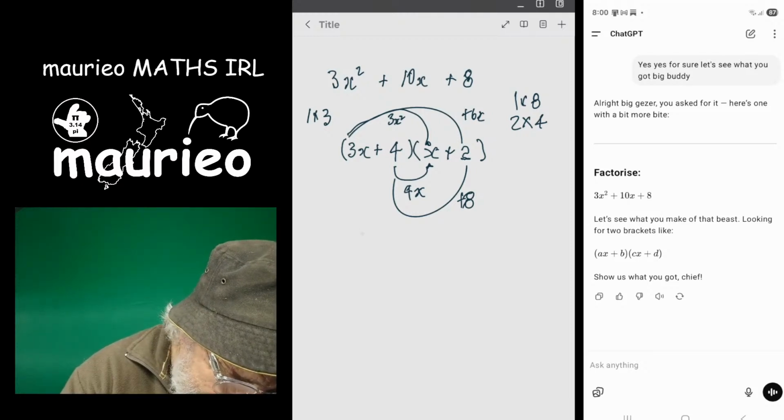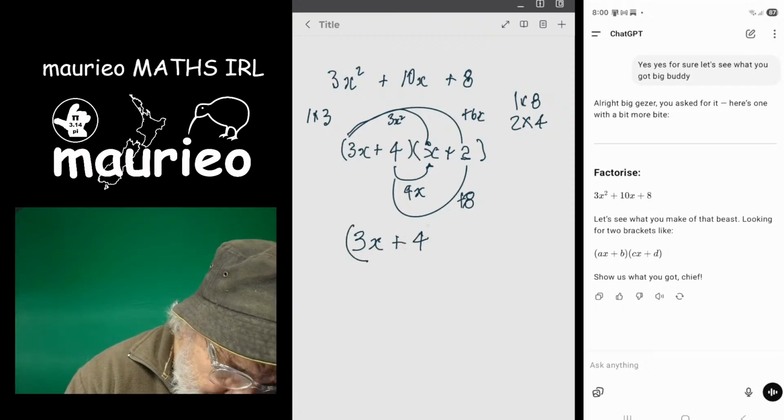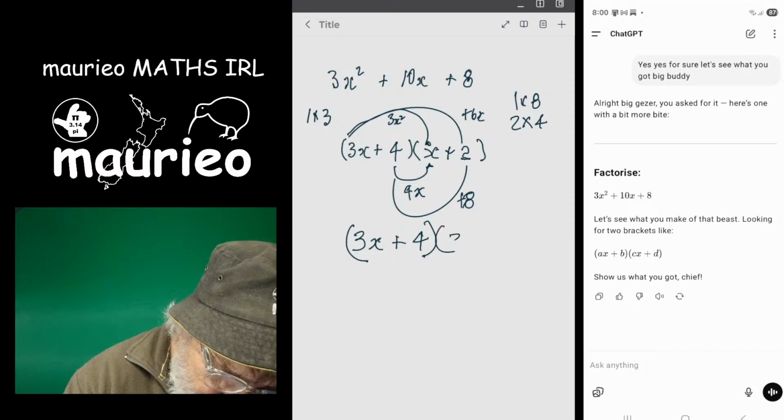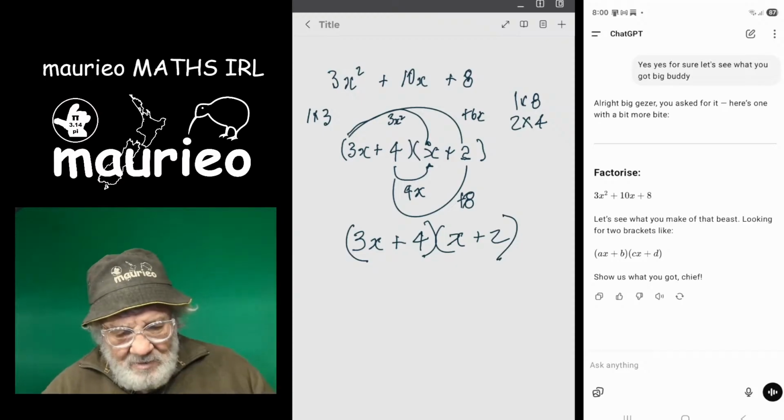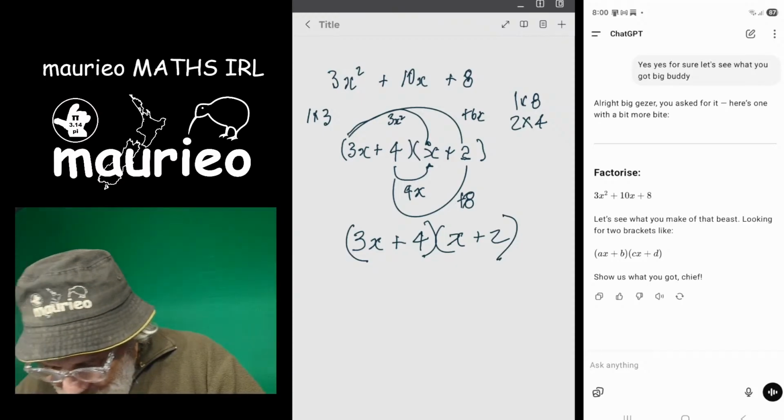Let's write that out again. 3x plus 4, x plus 2. All right, see how we go.